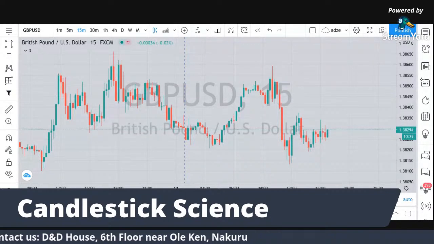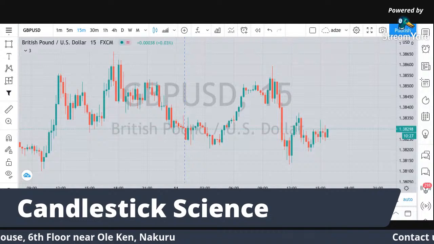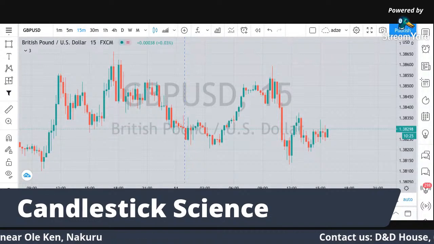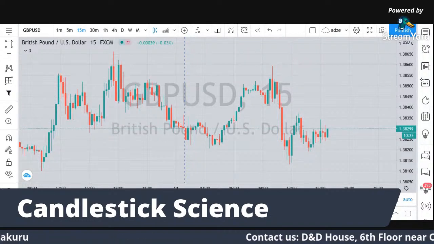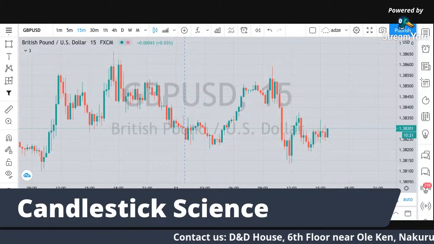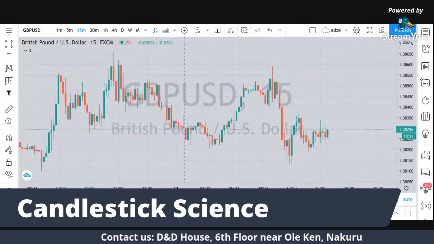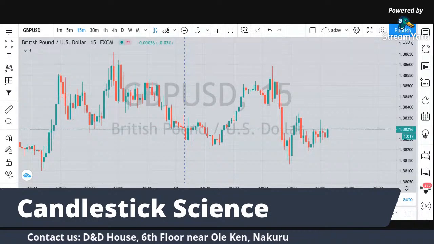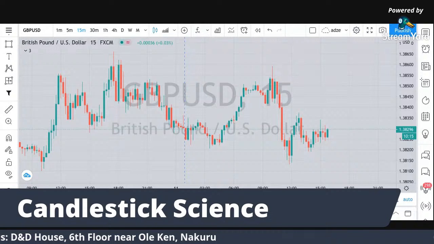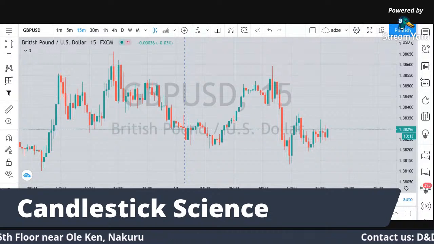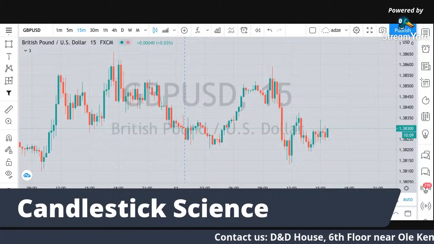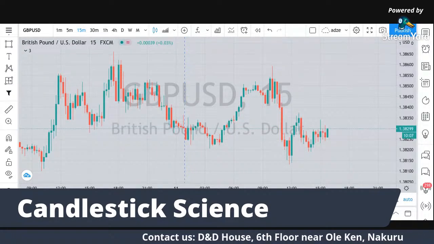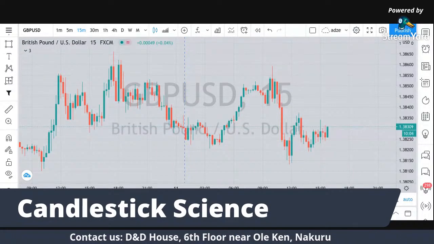So there's somebody who was saying that what he does is he puts a buy stop above and a sell stop below. So whatever happens, he is in the trade.